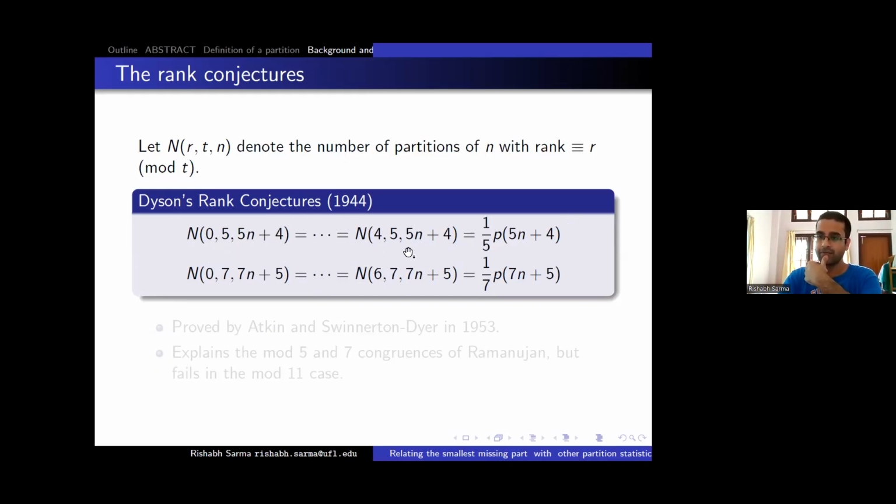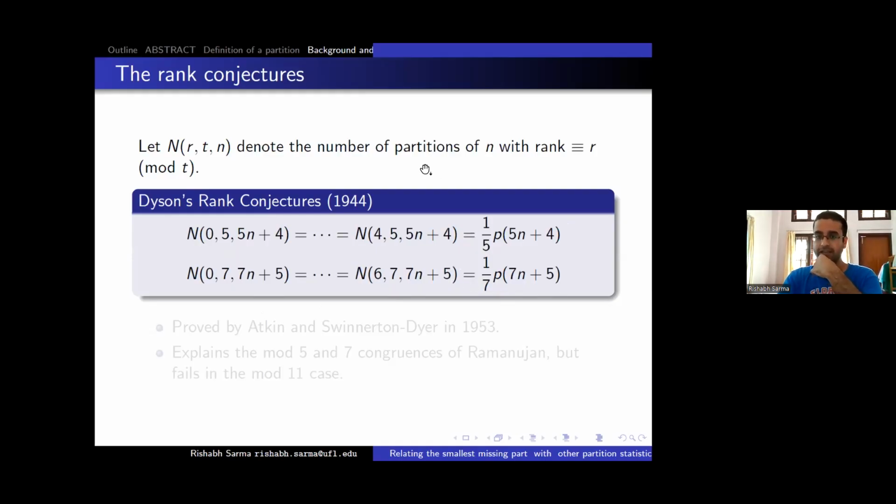These are 5 equal classes. That is why the number of partitions of 5n plus 4 is divisible by 5. The same thing happens for partitions of 7n plus 5 as well. There are 7 equinumerous sets here. That is why the number of partitions of 7n plus 5 is divisible by 7.